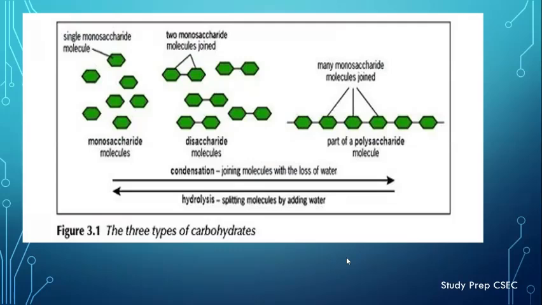We have the condensation process, which is joining molecules with the loss of water, and hydrolysis, which is splitting molecules by adding water. So one is joining and one is splitting.